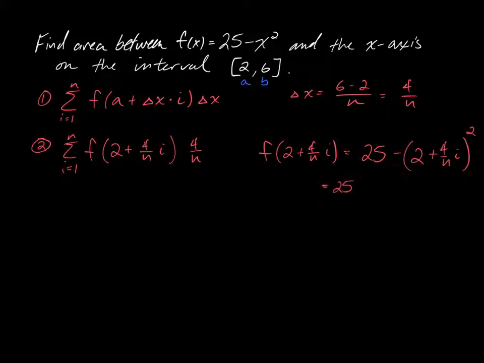So you'll get 25 minus 2 squared, which is 4. You'll have 2 times this term times 2, so 4 times that term would be plus 16 over n i, plus 4 over n times i, the quantity squared, is 16 over n squared i squared.